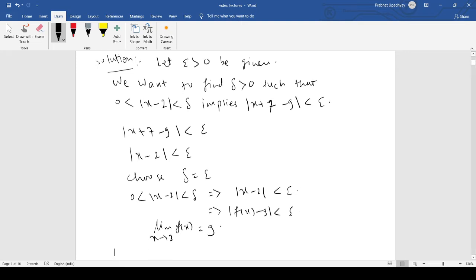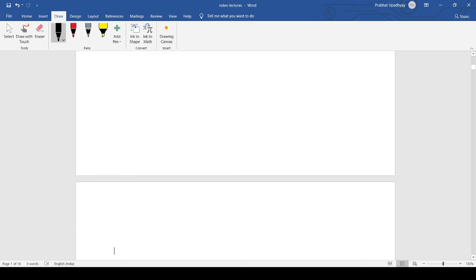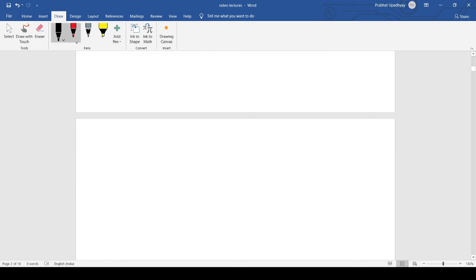Now let's see one more problem. Say your f of x is equal to 2x plus 7, and we are asked to show that the limit of f of x as x tends to 2 is equal to 11. So let's try to prove it.